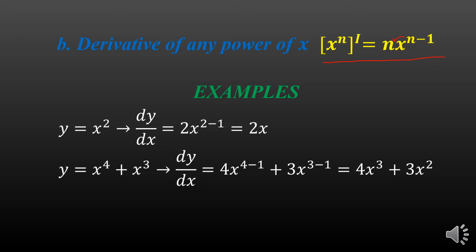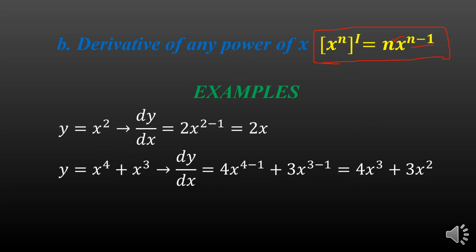We take the power n and bring it down, and also we take away 1 from the power. So there we get n x to the power n minus 1. So that's it. It's times and take. That's the whole concept of differentiation.